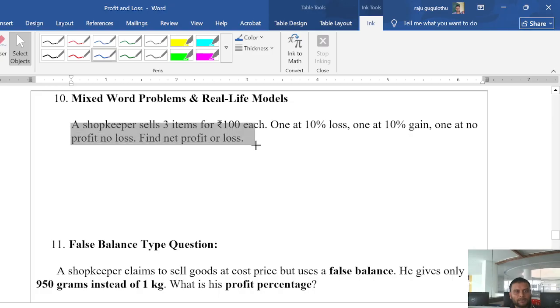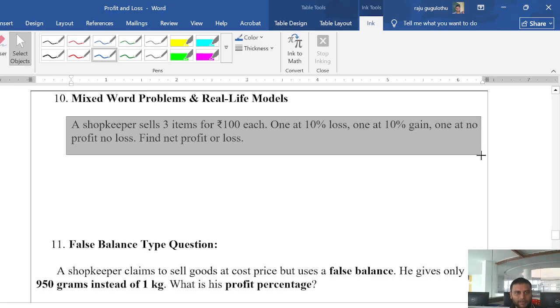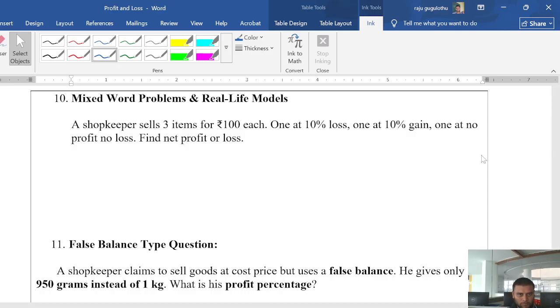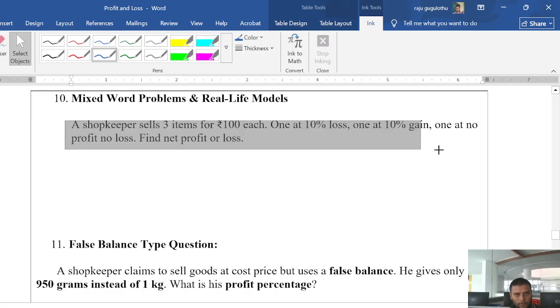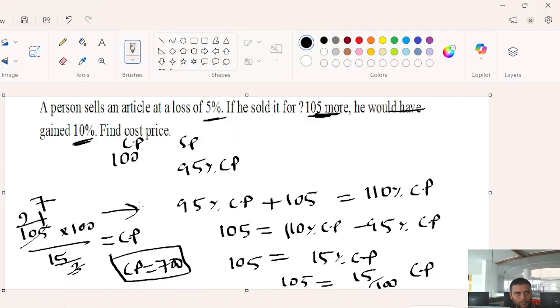A shopkeeper, this is the same model question.